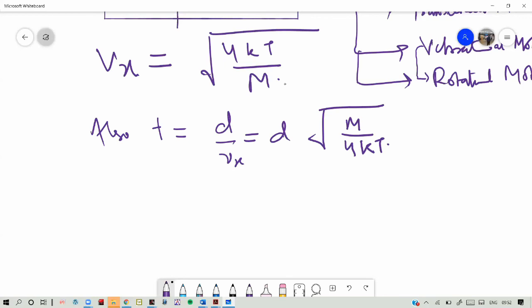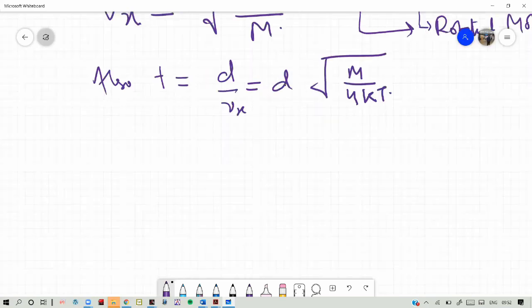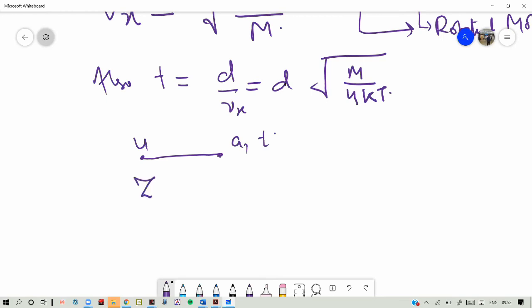So the transverse deflection, total deflection. You know that if we have a particle which is moving from this point to some other point, having initial velocity u, final velocity v, and an acceleration a during time t, then the total deflection, or the distance traveled under the transverse force, let us suppose that is z, is equal to ut plus 1/2 at square.